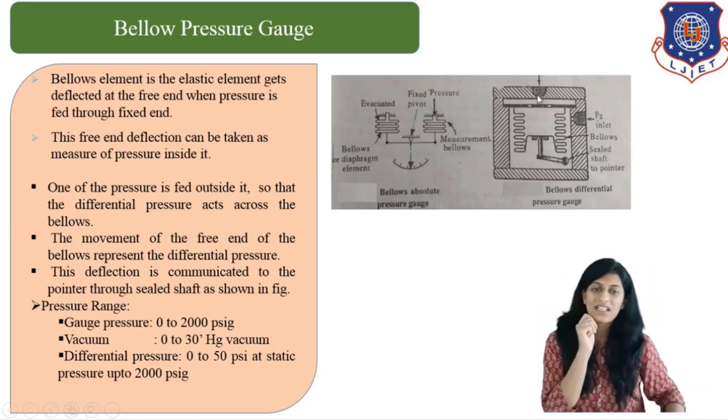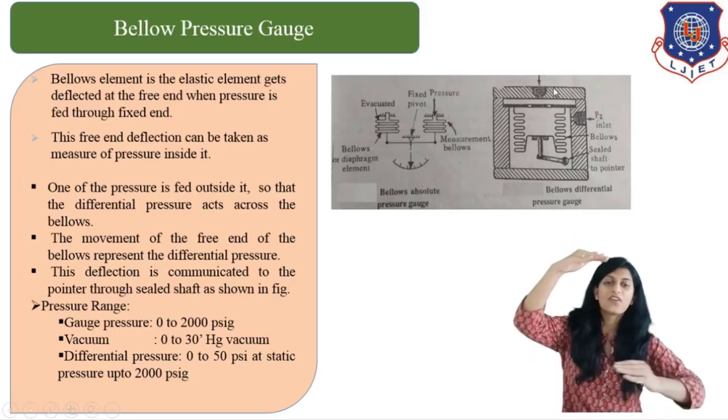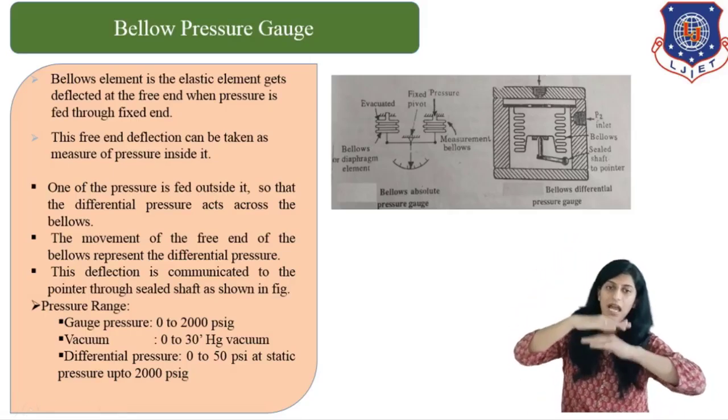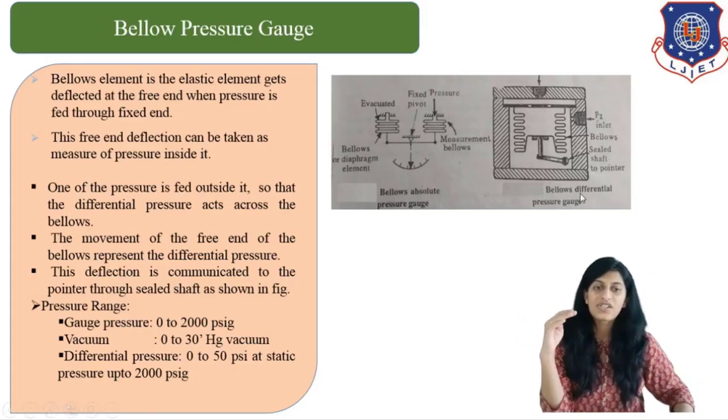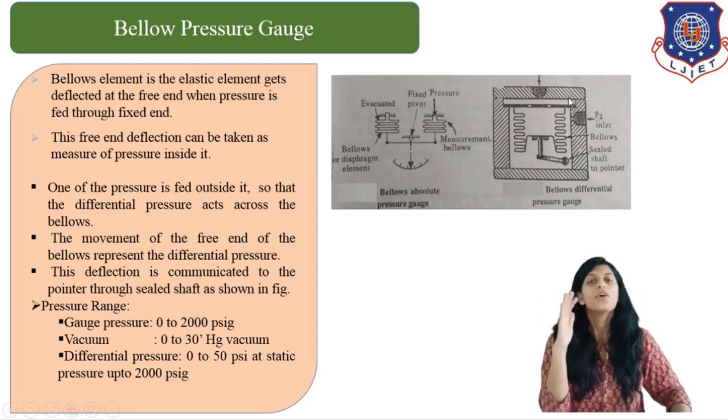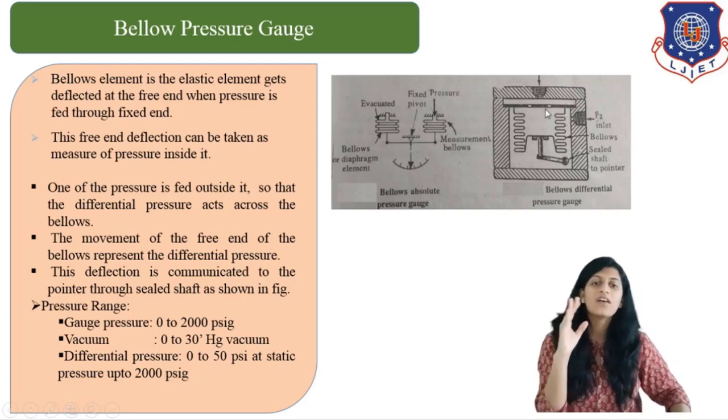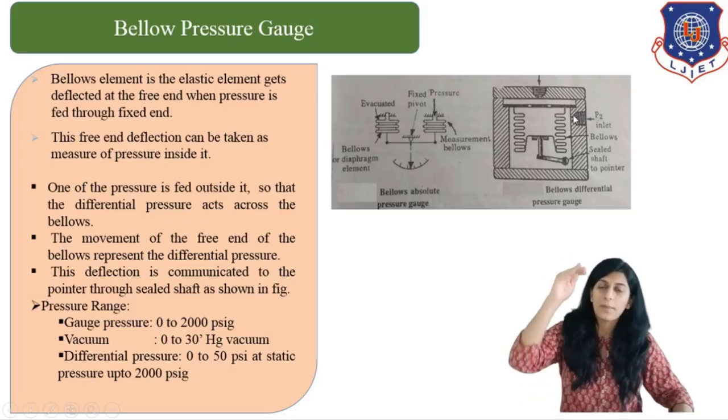When we exert pressure from this section of the equipment, the spring will have compression, and due to the compression of the spring, this shaft or pointer will move. Movement of the pointer is related to the pressure applied.